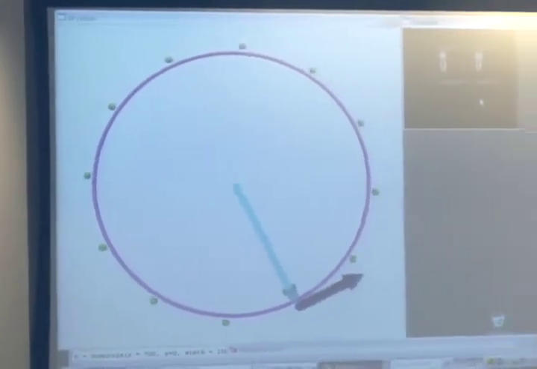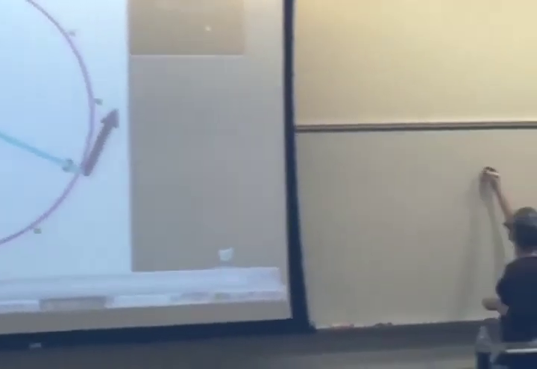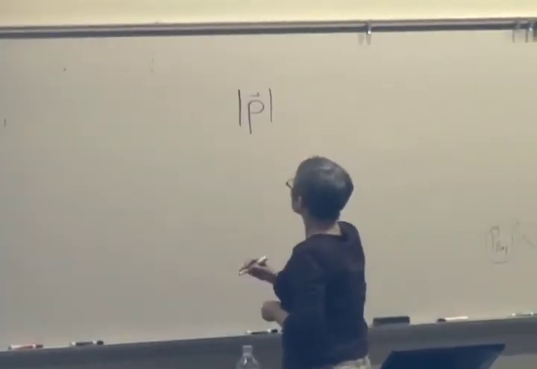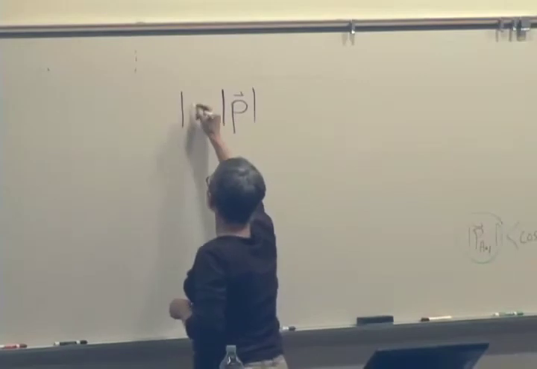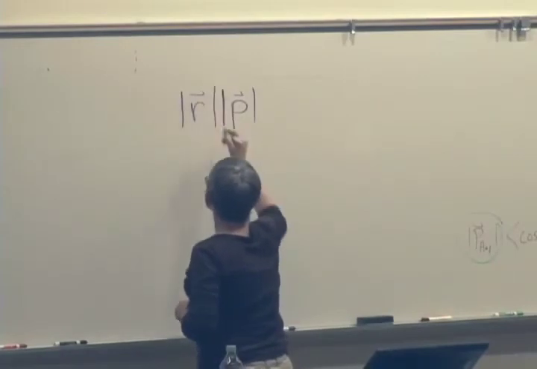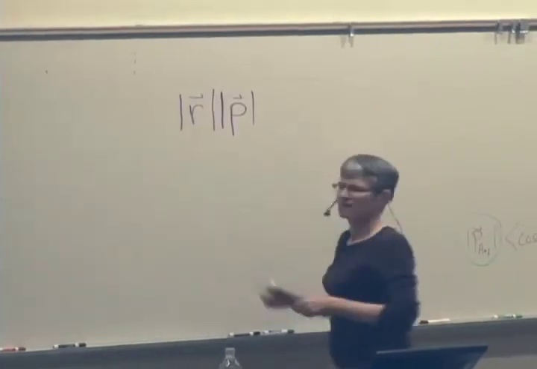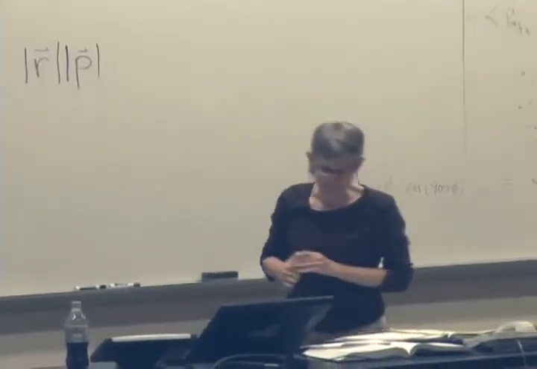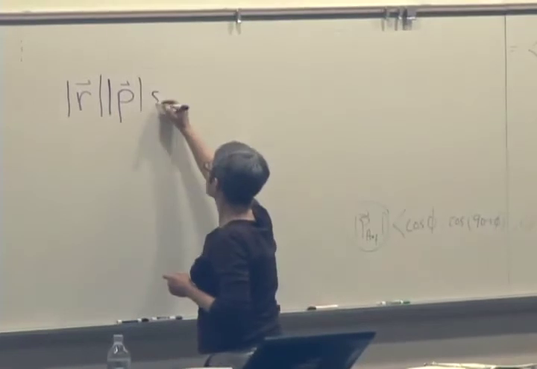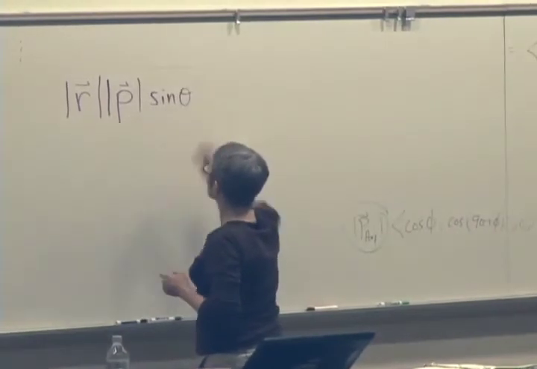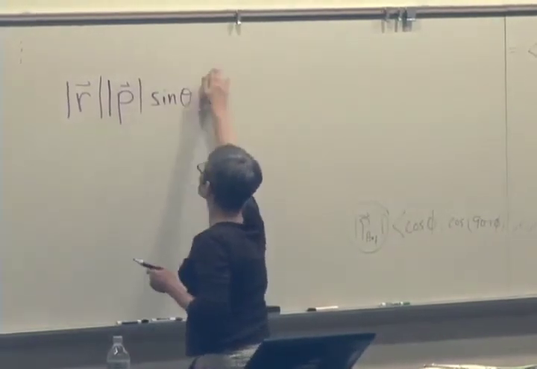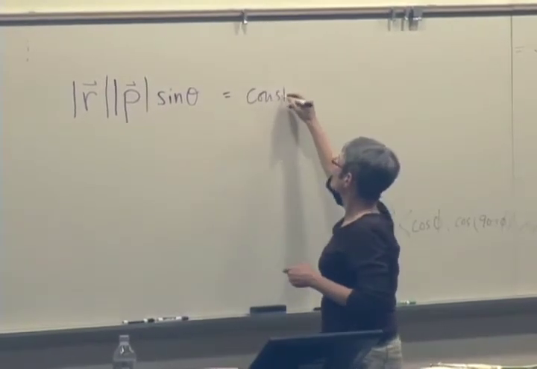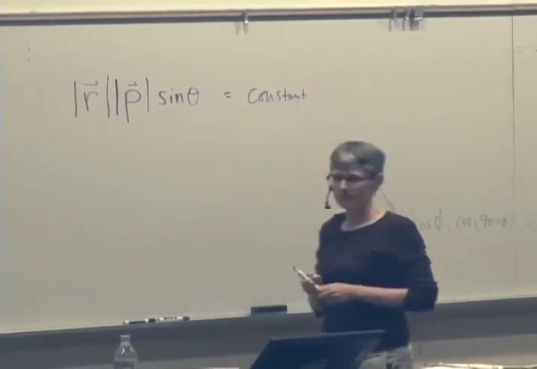So suppose we said that we were going to multiply the magnitude of the momentum, the magnitude of the position vector, and some property of the angle between them. We'll call it sine. And if the angle is not changing, that thing would be constant.